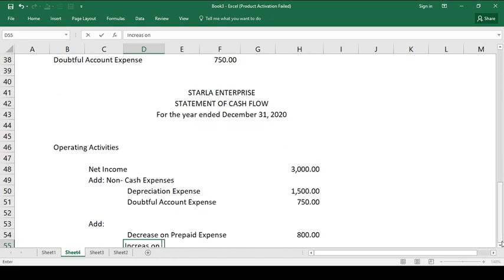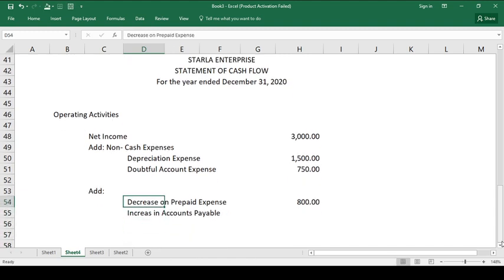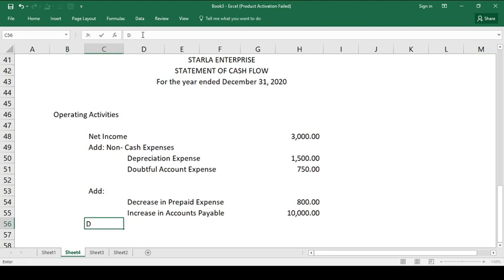So, increase in accounts payable, which is 10,000. And then, we need to deduct, or less, the increase in a current asset.